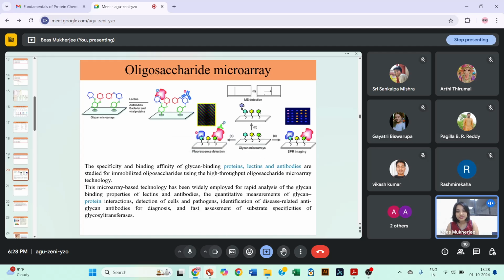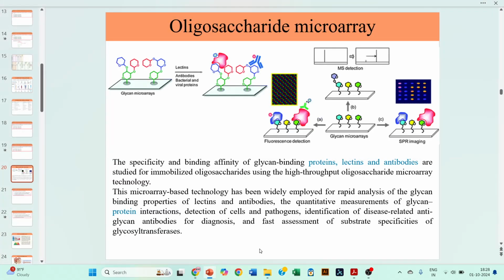So yes, this is what is done using oligosaccharide microarray.